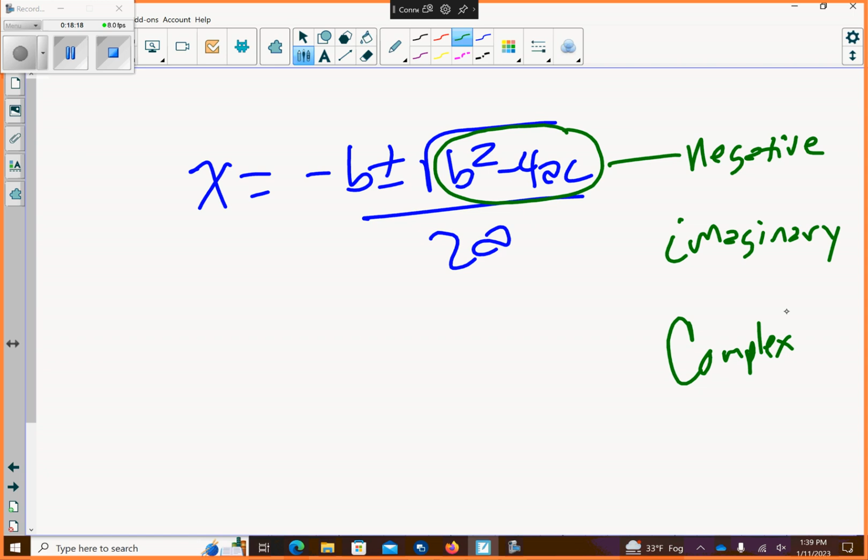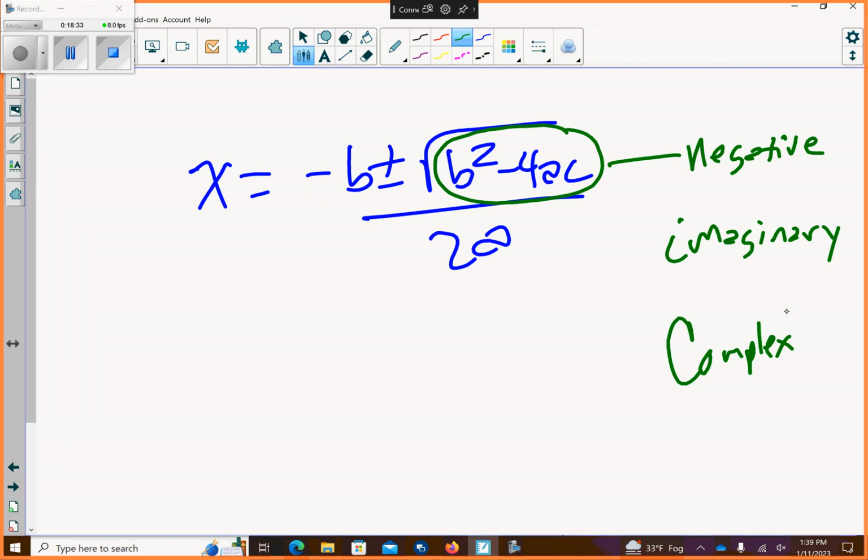Part of the imaginary number system is something called the complex number system. Complex means that you put a real number and an imaginary number together. So that's where you get the 3 plus 2i, things like that. So that becomes a complex number.